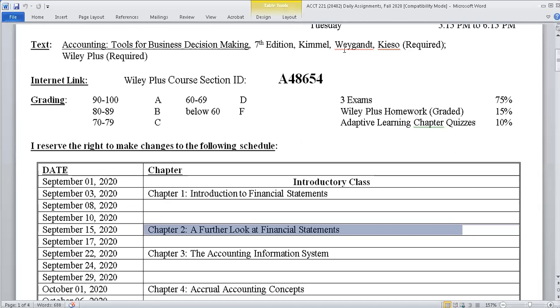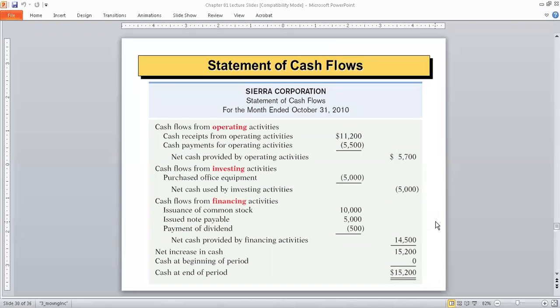We're going to start with a quick wrap up of chapter 1. And there's really not very much left in chapter 1. I mentioned that we are not going to learn how to prepare the statement of cash flows together.